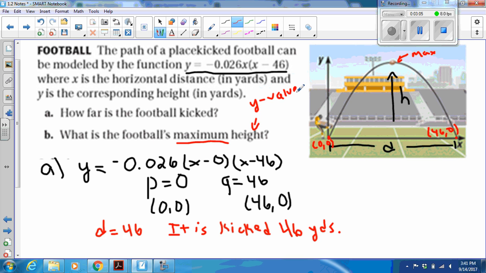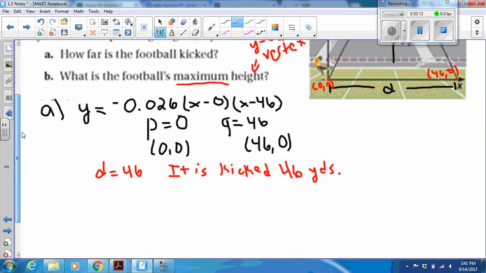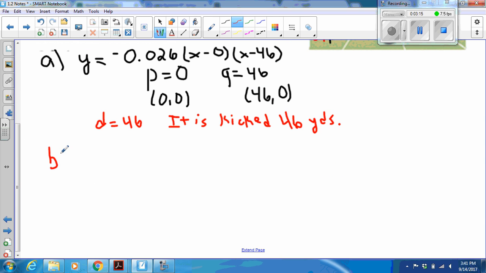In order to do that, we first have to figure out the x coordinate of our vertex. To do that, we do p plus q, divided by 2. Our p value was 0, we add our q, which was 46, and divide by 2, which gives us 23.